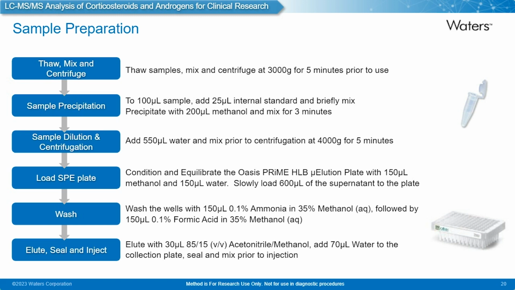This is just to help remove any potential unknown interferences you may get from sample to sample. And then we elute the analytes with acetonitrile and methanol from the plate. We only use 30 microliters, and then we subsequently dilute that with 70 microliters of water. This allows us to inject the eluate effectively directly from the extraction onto the LCMS system.